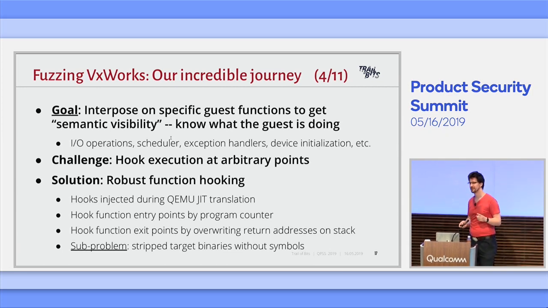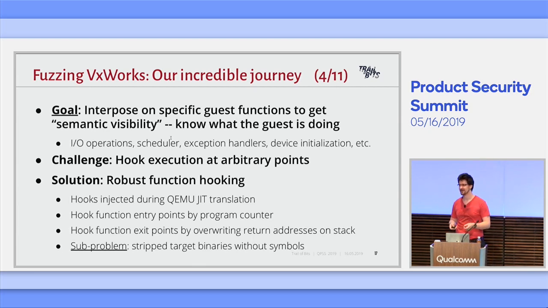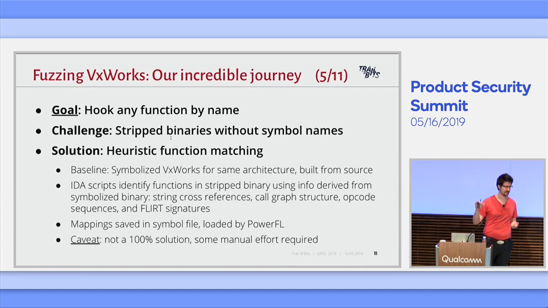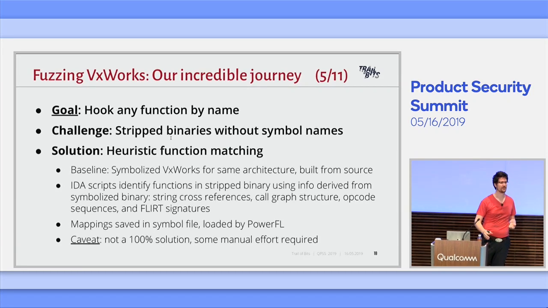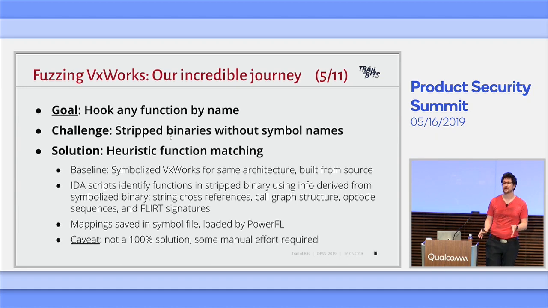But this all assumes that we can identify the things that we actually want to hook. When we started off, we had Tornado, which is a development environment, and we'd compile a test program that would read some input in some simple way, and it had debug symbols and things were great. And the client provided us these firmware images, and they were stripped.